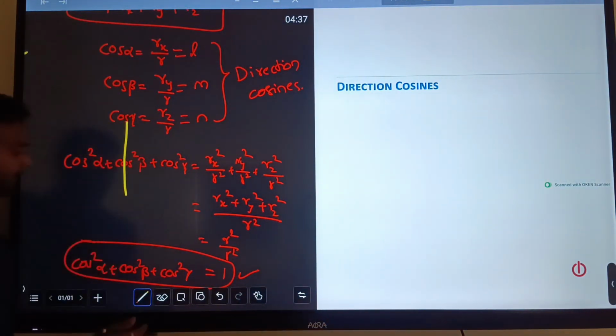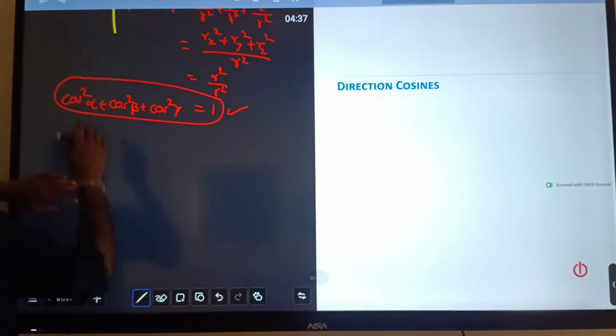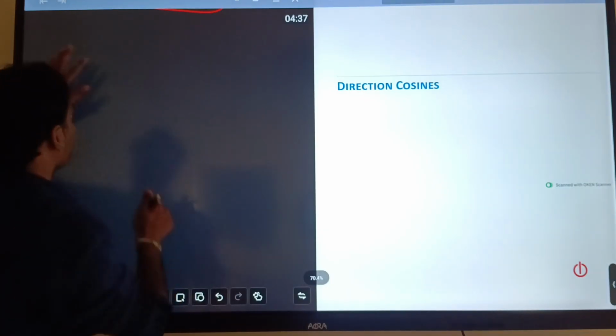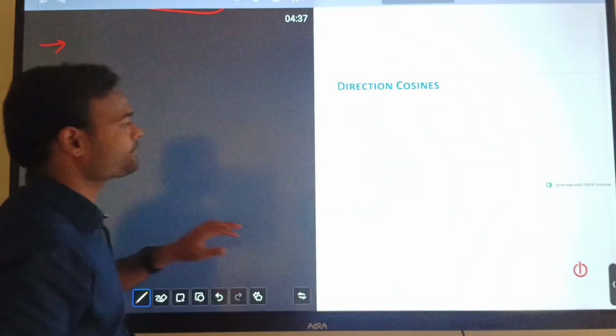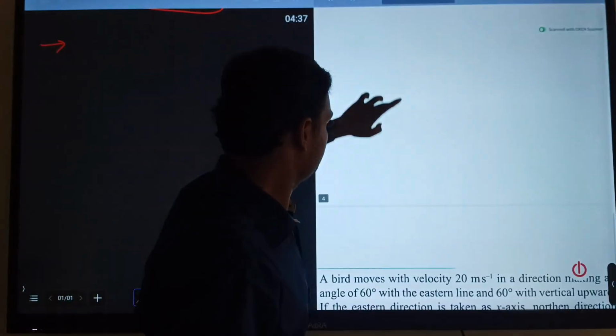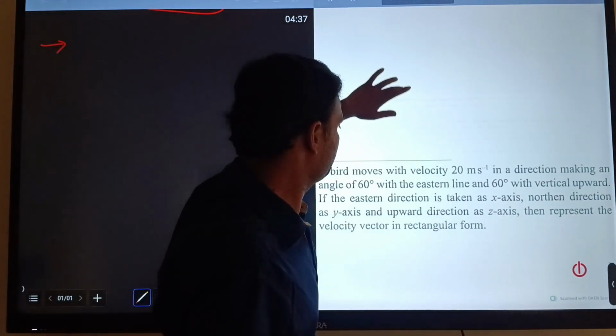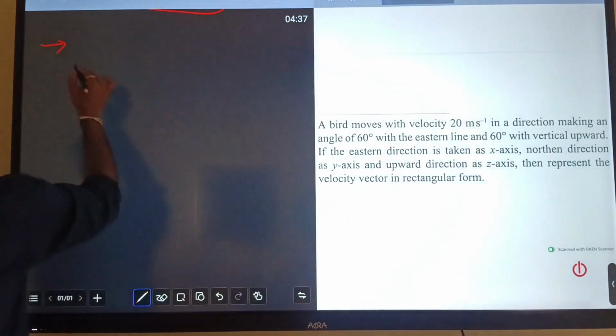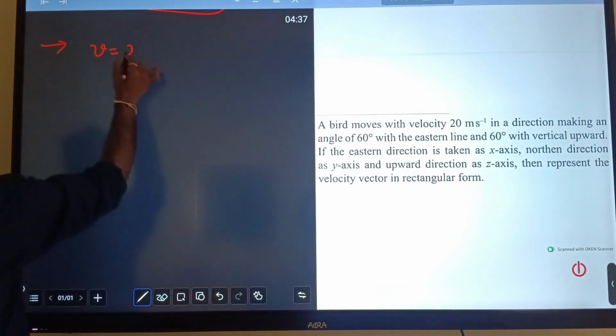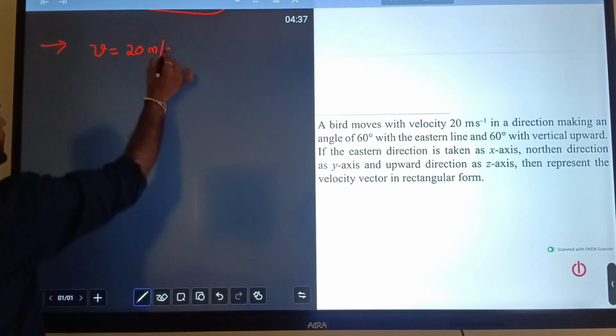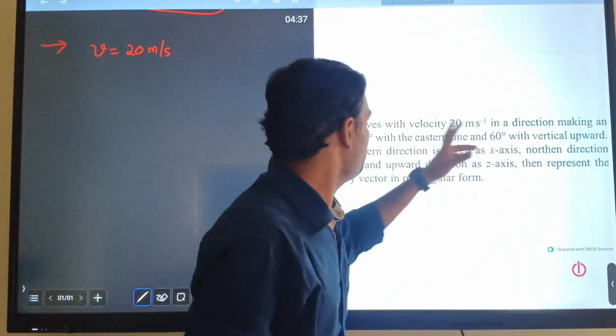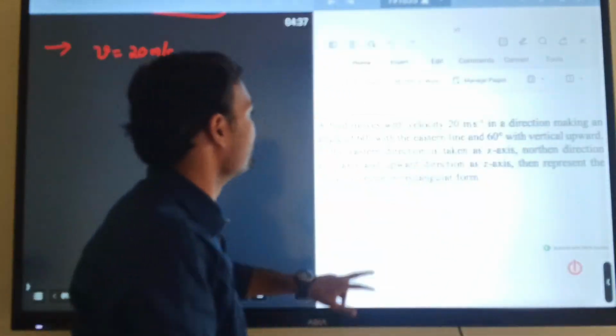Now next one, let us go through one example over this concept. A bird moves with a velocity v equal to 20 meter per second in a direction making an angle of 60 degrees with the eastern line.